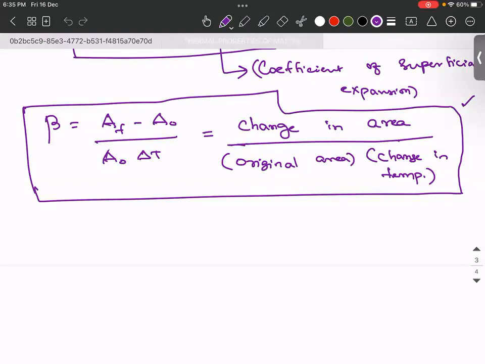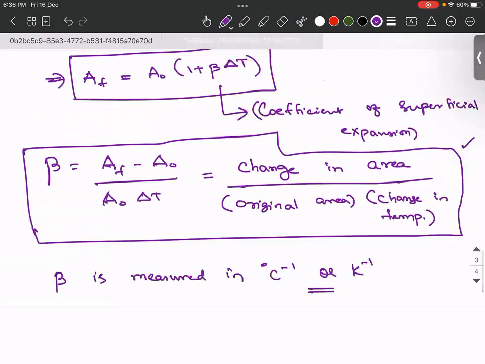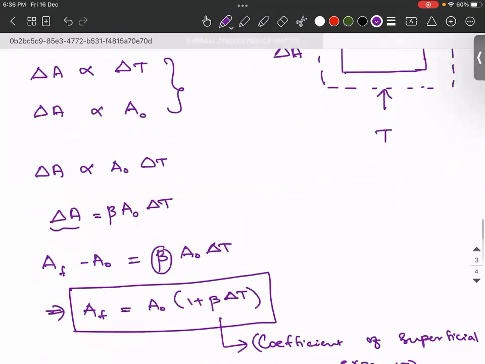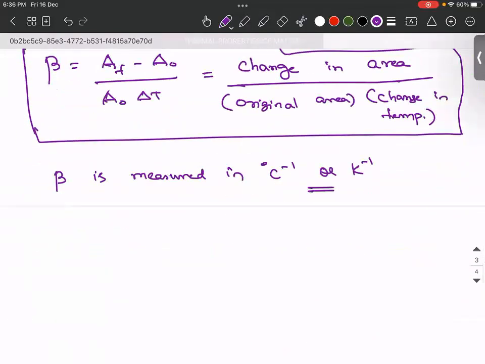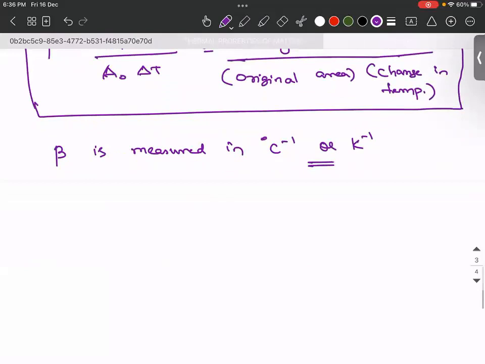So beta is also measured in degree Celsius inverse or Kelvin inverse. So surface expansion, areal expansion, or superficial expansion, everything means the same.